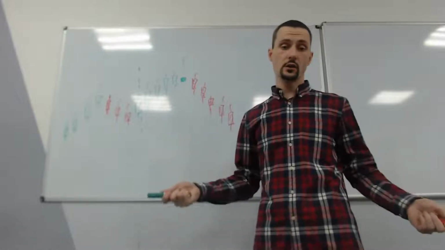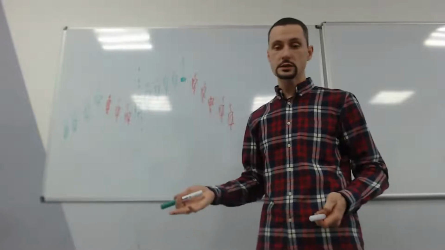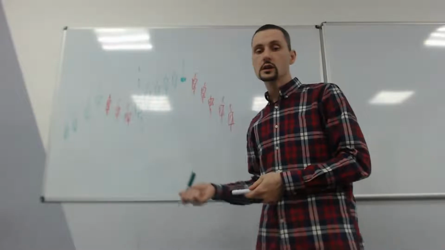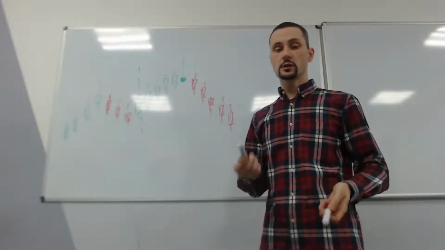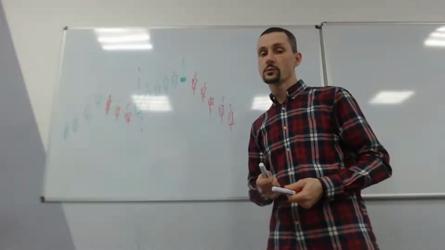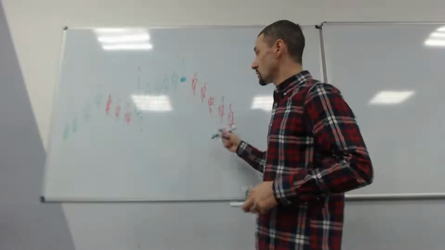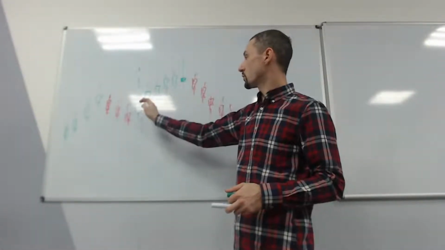Sometimes it may be high-low, the average between high and low, or maybe opening prices. It may be only highs or only lows. What we take in counting depends on the type of moving average, but I will talk about it a little bit later. So what do we have? Here is the close price.